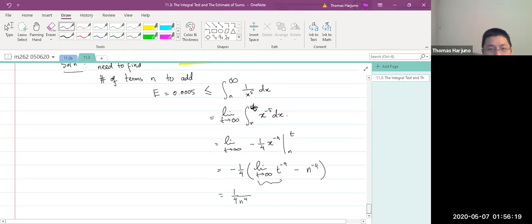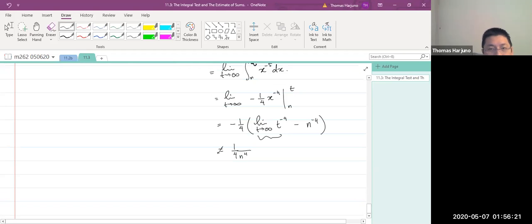Now this has to be less than 0.0005. Multiplying by n to the 4th and taking the reciprocal, I need to change the sign there.